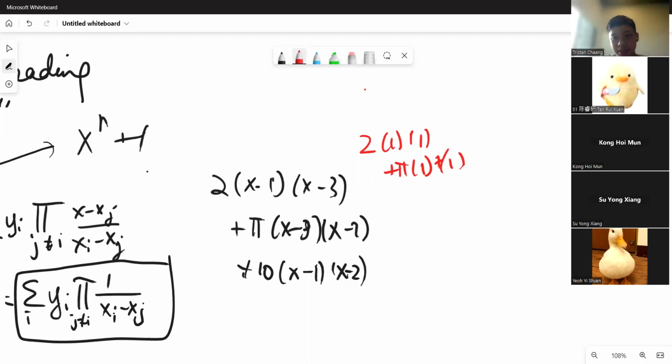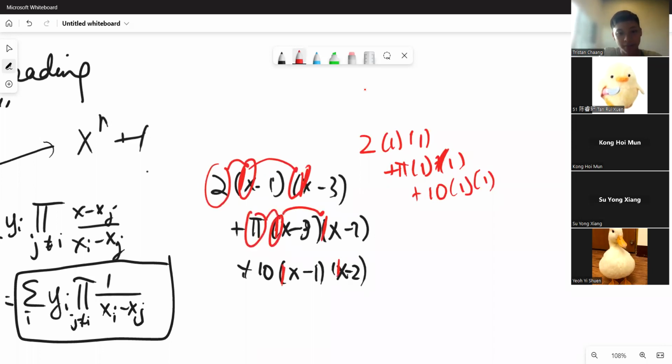The leading coefficient means the highest power. Because it's a 1x, 1x, 1x, so the leading coefficient is just you add all of these terms up. It's kind of like the same thing as replacing x minus blah with a 1.